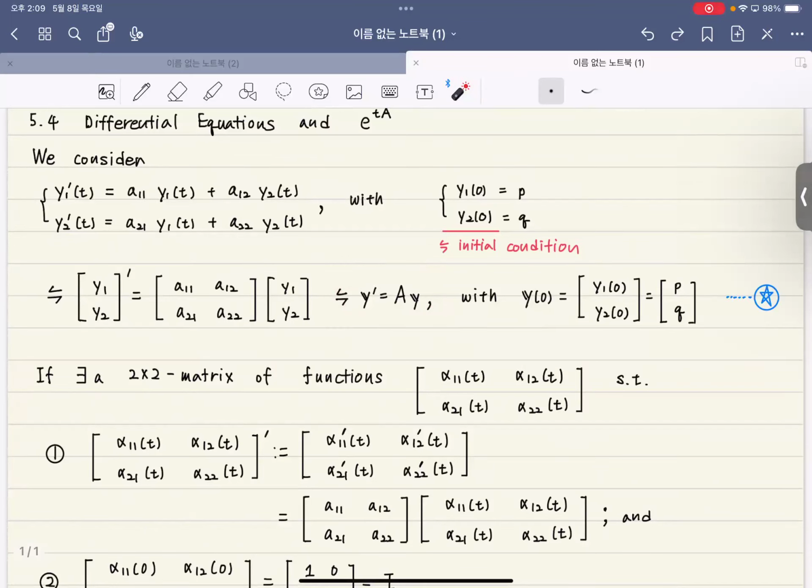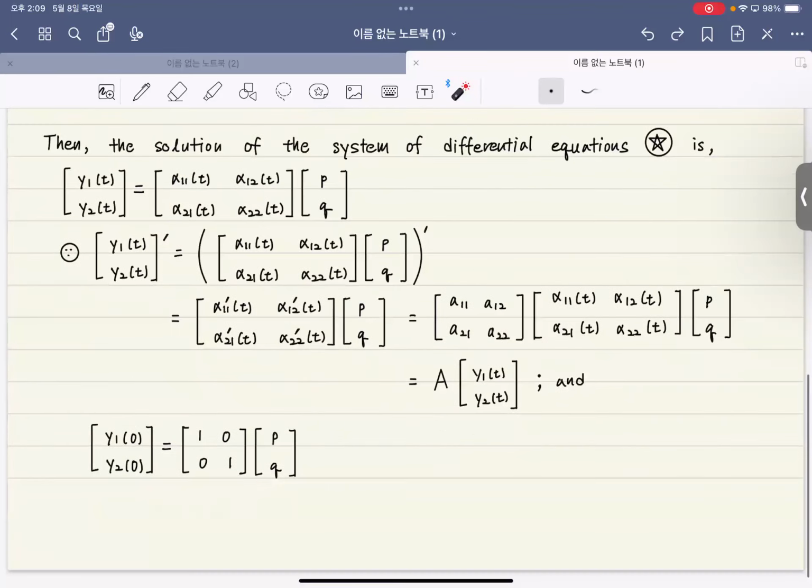So what remains to do is I will need to show that if I plug in t equals 0 into this equation, I will see that y1(0) and y2(0) are precisely P and Q. But that is also very easy, because if you plug in t equals 0 here, then I will need to plug in t equals 0 into this matrix.